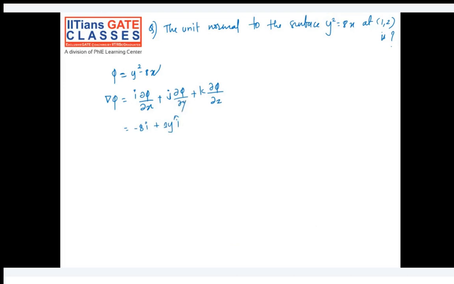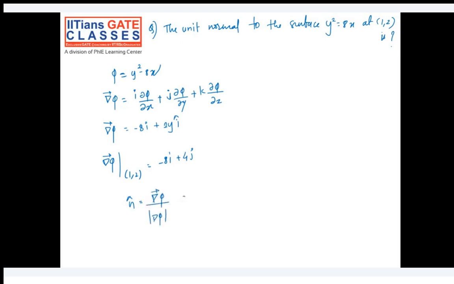Now if you put in the values 1 and 2, this is your del phi, or del bar of phi, and at (1, 2) it will be minus 8i plus 4j. They are asking for the unit normal vector, which is del phi bar divided by mod of del phi bar.